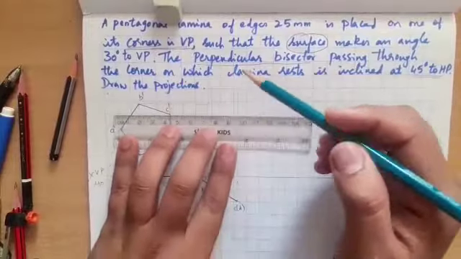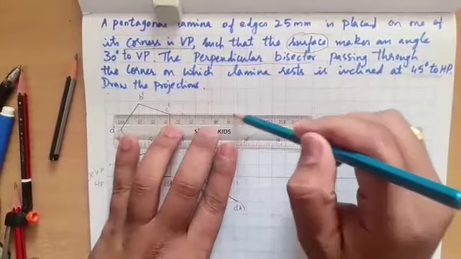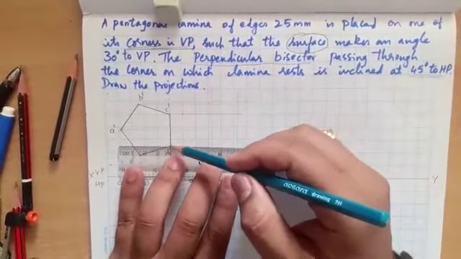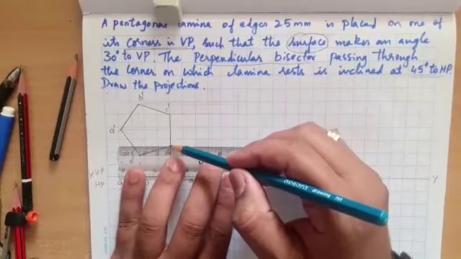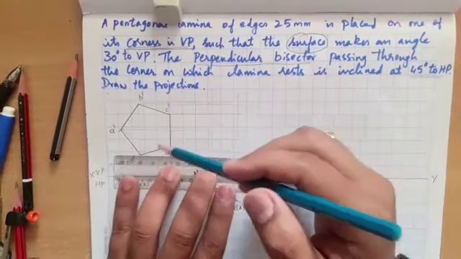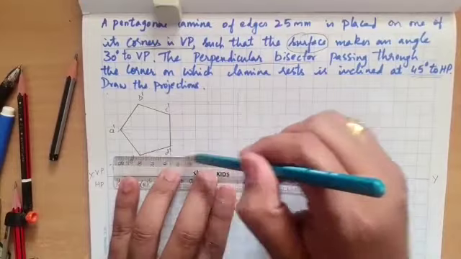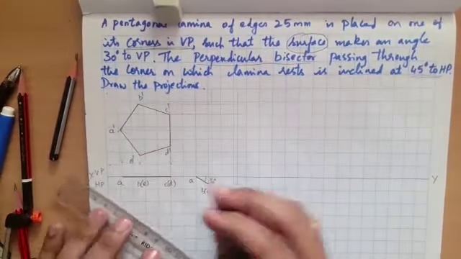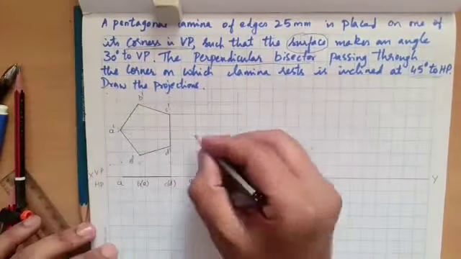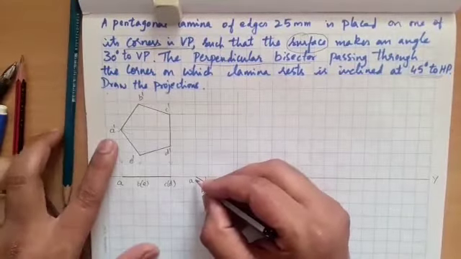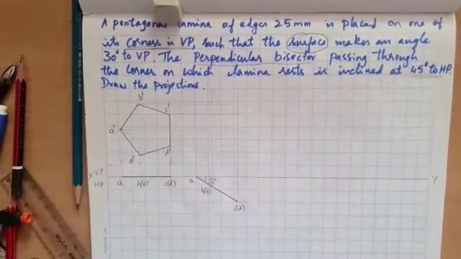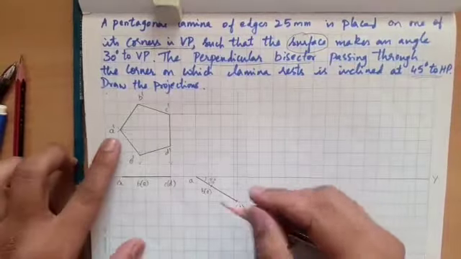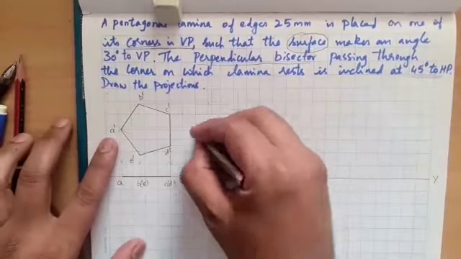Again from B as well as from C, D, E. A, B, C, D, E. Draw the line. Identify the location of A. So this is A dash and A. A dash and A is meeting here.